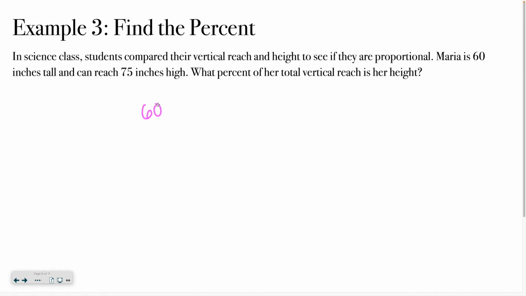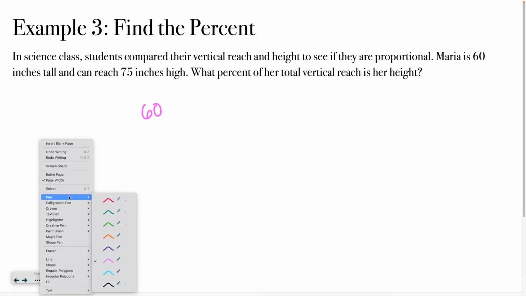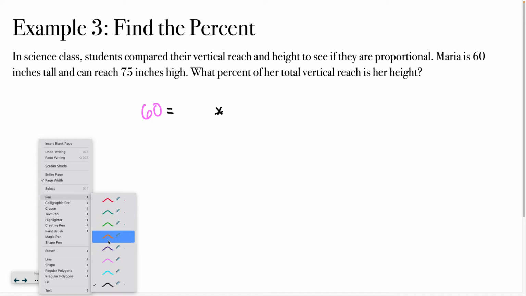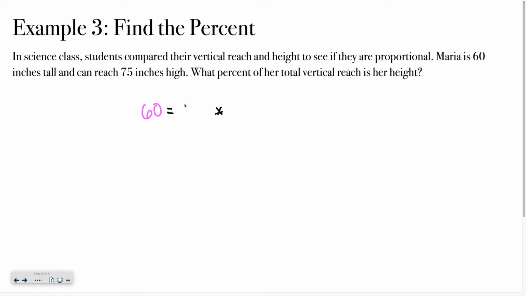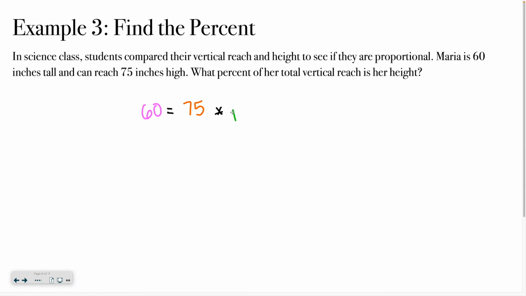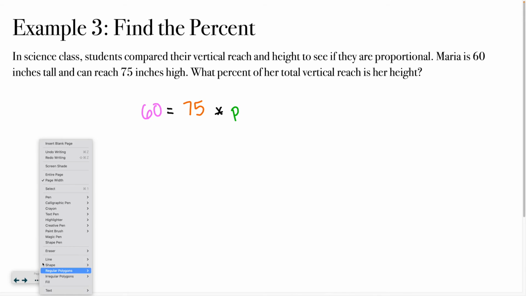So I would say 60 equals the whole, what is her entire reach? Her entire reach is 75 inches. And then I still need to figure out what percent is that. Okay, so that's how I would set up my equation.